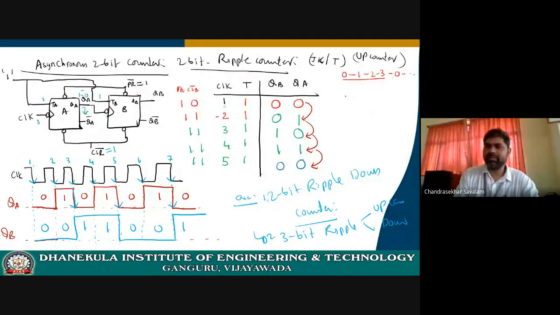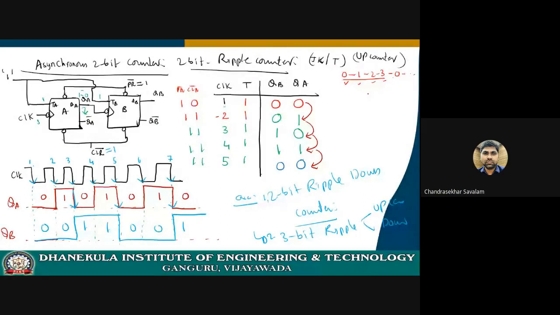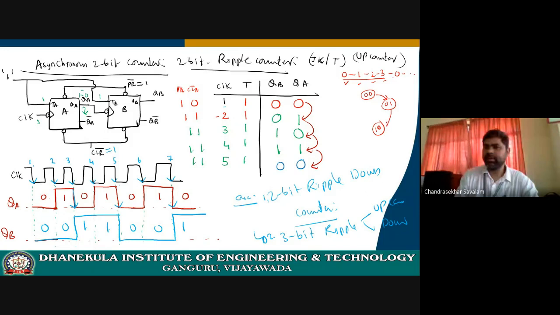There are 4 states: initial state is 0, next states are 1, 2, 3. This is the highest, last state. After the last state, it goes back to the initial state. That means 0, 0, then 0, 1, then 1, 0, then 1, 1. After this 1, 1 state, it goes back to the 0, 0 state.